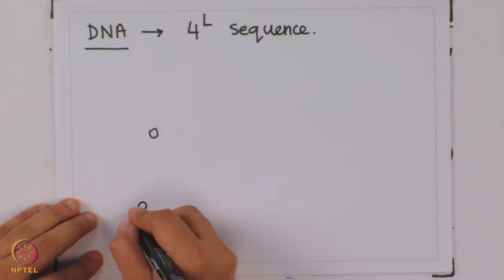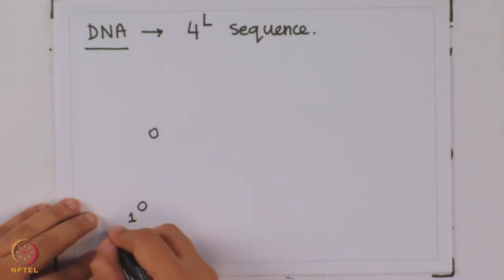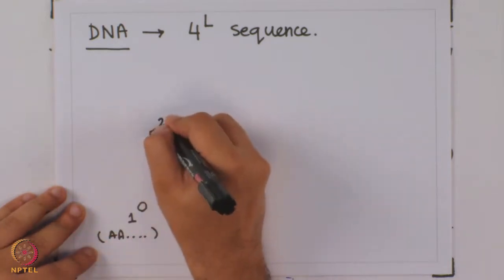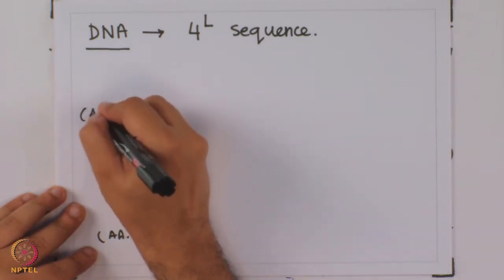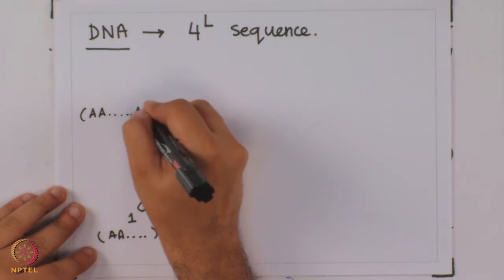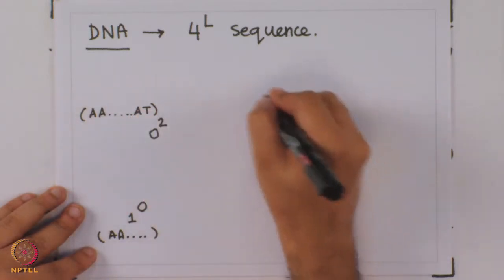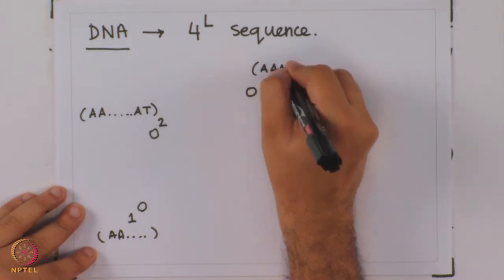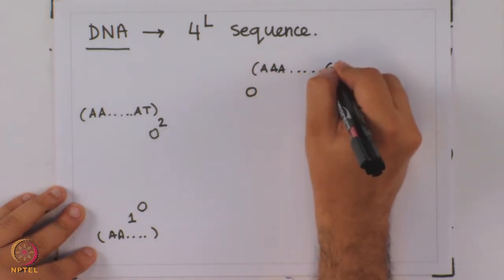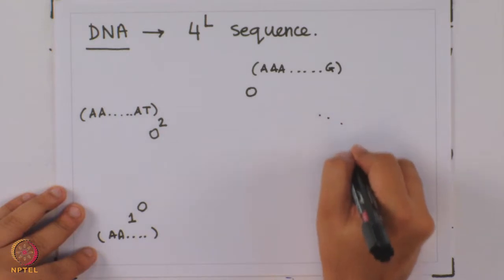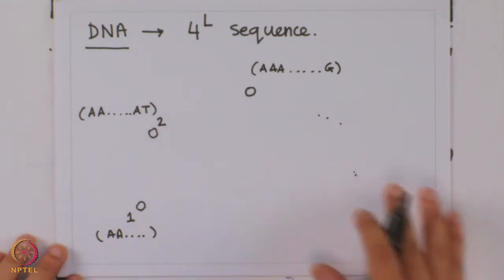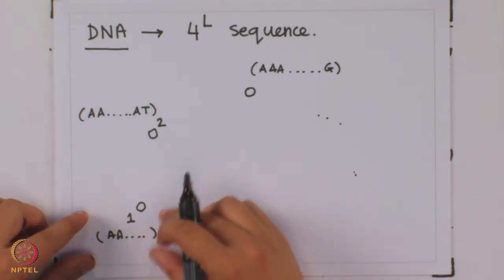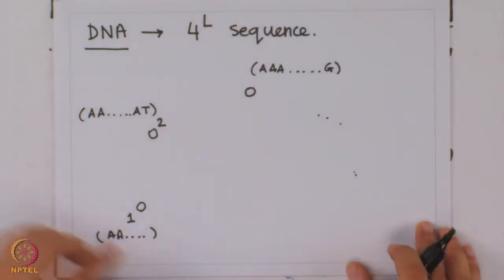So, this is sequence 1, this maybe is all A's, this is sequence 2, maybe this is all A's, but the last nucleotide is a T. This is sequence 3, maybe this is all A's, but the last one is G, and so on and so forth. Each node here represents one particular sequence, one of 4 to the power L particular sequences.